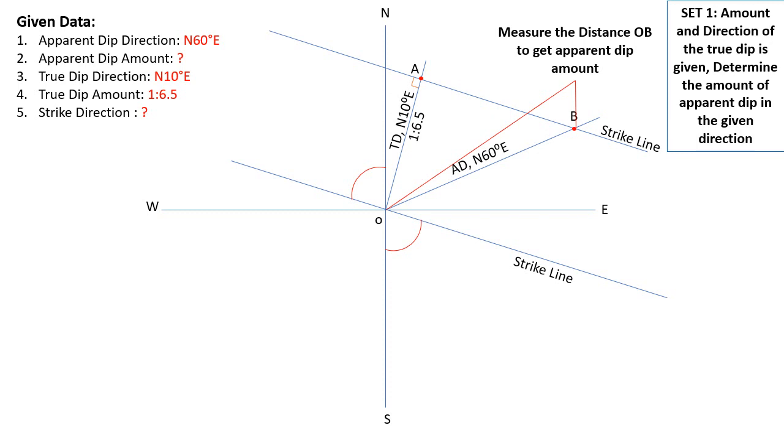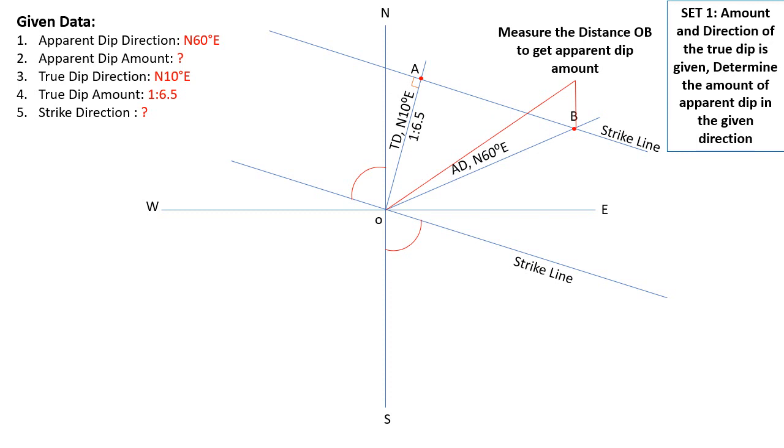So always we have to remember, any angle which is in the first and fourth quadrant, we are going to measure from north, and any angle in the second and third quadrant, we are going to measure at the bottom. Down angles we are going to measure taking south as 0, and the top angle we are going to measure taking north as 0.